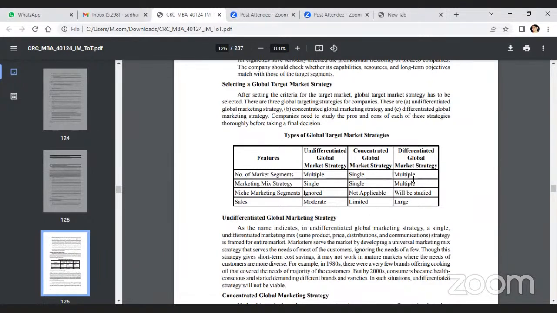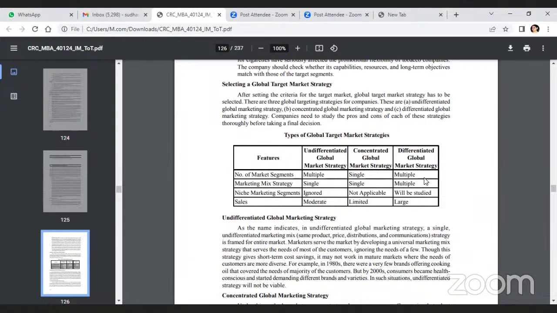If you follow a differentiated global marketing strategy, you can go for multiple segments and apply multiple mix strategies, you will serve different niche segments, and you will have large sales. Like FMCG products with different brands and different choices.